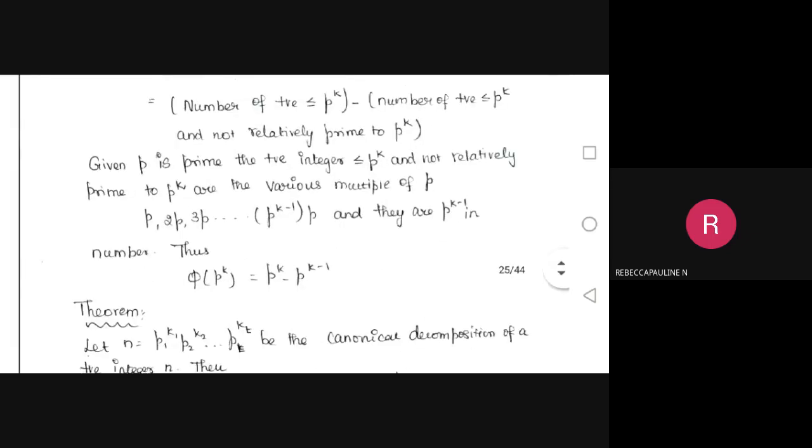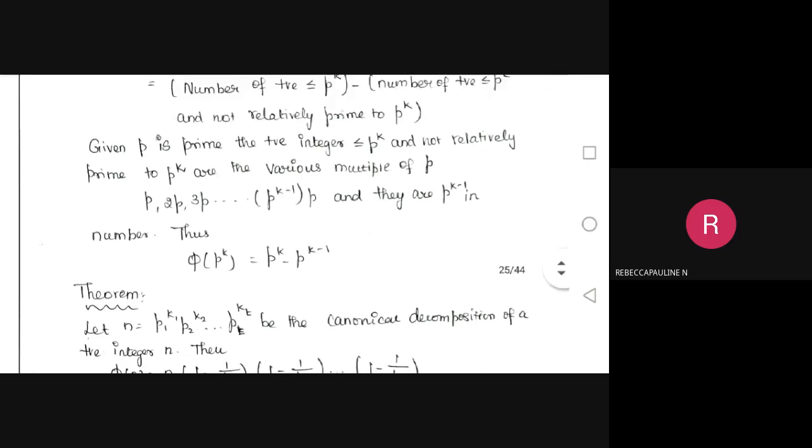Now the next theorem. Let the integer n be expressed as p1 power k1 into p2 power k2 up to pt power kt, the canonical decomposition of a positive integer n.